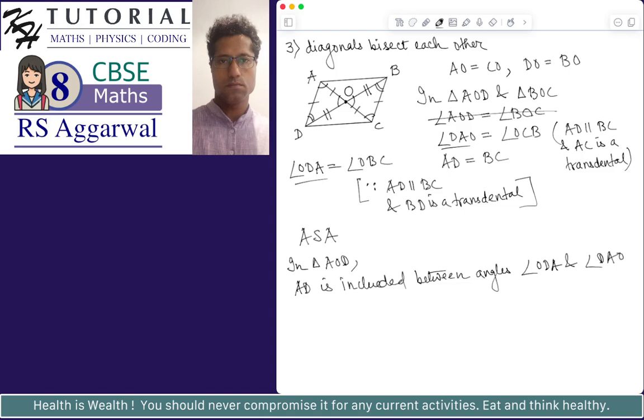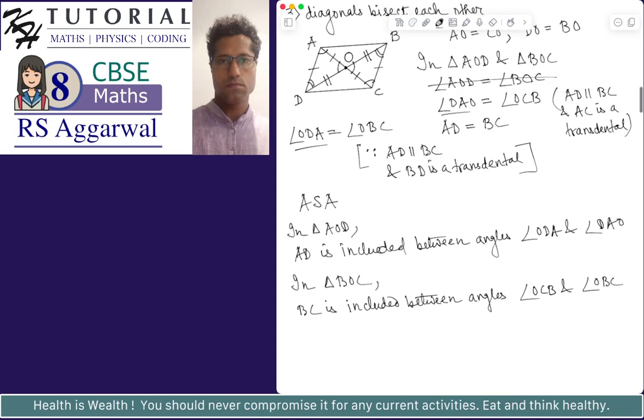Okay. Also, in triangle BOC, I'm just trying to establish the correct congruence relation between triangle AOD and BOC. So in triangle BOC, BC is included between angles OCB and OBC.